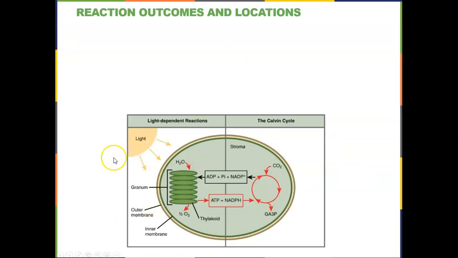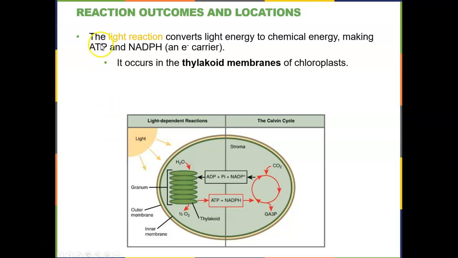So let's take a look at the various reactions that occur. We know from before that there are light-dependent reactions, and then there are light-independent reactions, or the Calvin cycle. In the light reaction, it converts light energy, so we have light coming in, and makes ATP and NADPH.